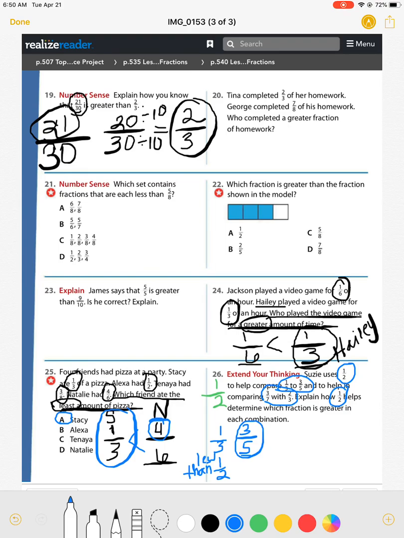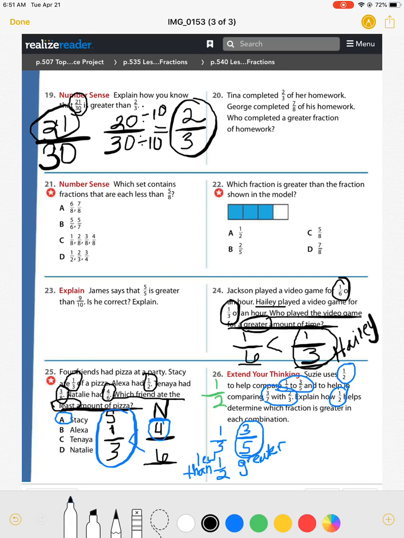Even though 5 is an odd number, we know that 2.5 plus 2.5 would get us to 5. And our numerator 3 is greater than 2.5. So I'm going to write greater, for this is greater than 1/2.